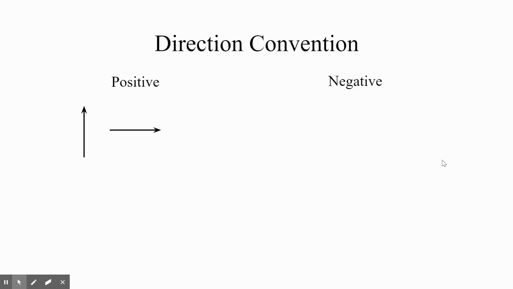We also say that anything moving to the right of your reference point is positive. And also anything that turns to the right, in a clockwise motion, that's what we typically call positive.